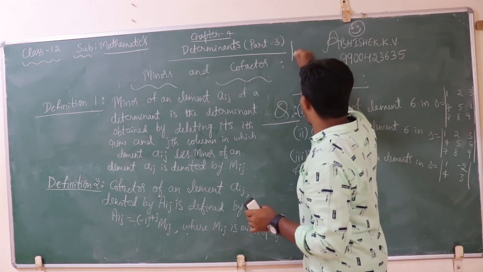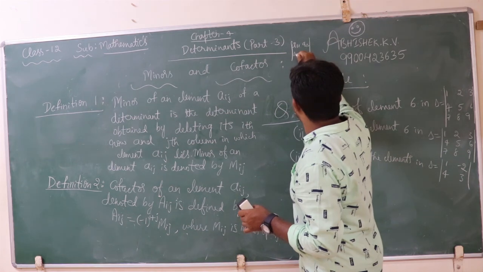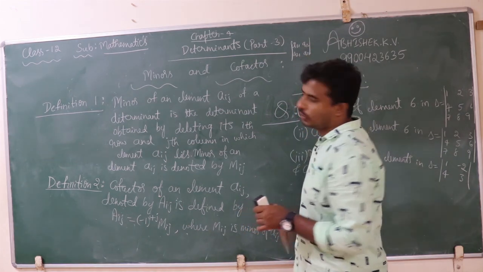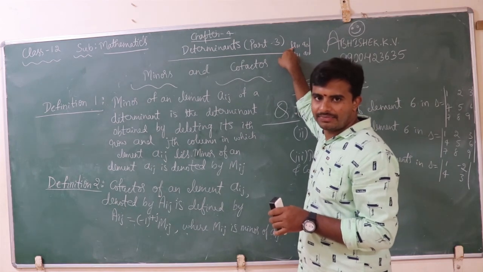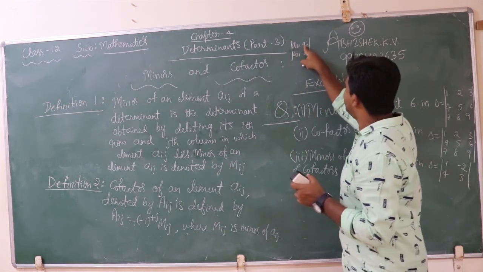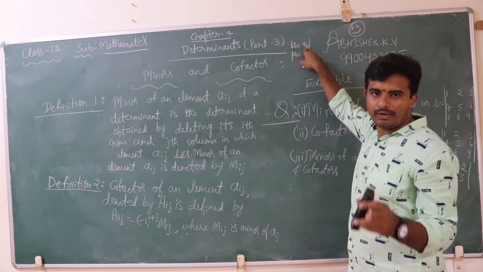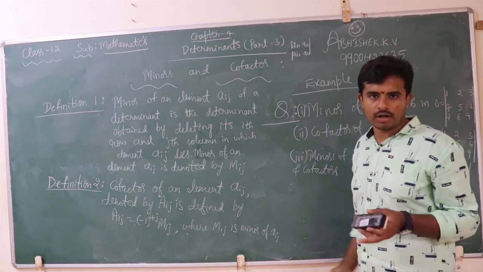See, if I have 2 cross 2, A11, A12, A21, A22. First row, first column element of this determinant. So I and j are replaced by 1 and 1. If I consider A12, first row, second column; then second row, first column; second row, second column.